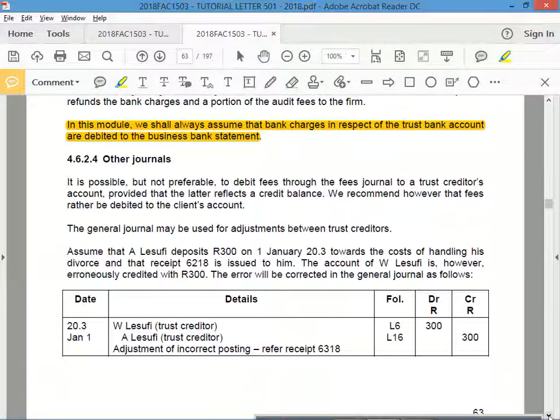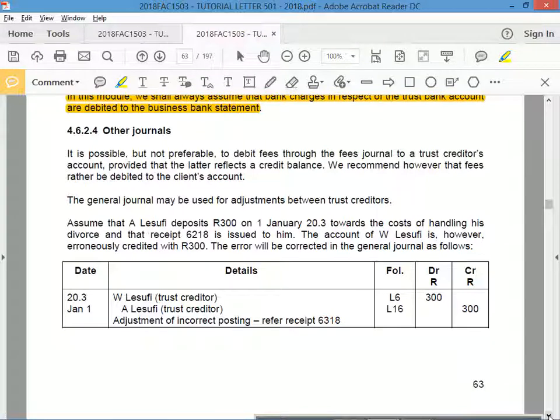Then we've got other journals. You have seen a general journal in the notes. I spoke about it. A general journal is for anything that doesn't have a specific journal. So if I have a cash receipts journal, I can put cash receipts there. If I have a cash payments journal, I can put cash payments there. If I have a petty cash journal, petty cash goes there.